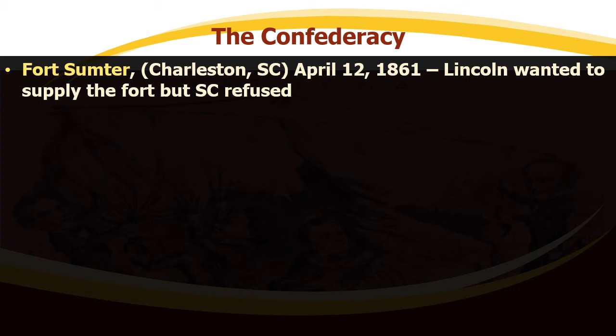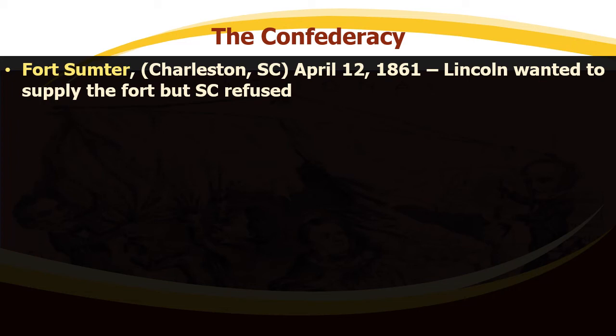So one of those forts was in Charleston, South Carolina, Fort Sumter. And Lincoln said that he was going to continue to resupply the fort, send it supplies, and that it was going to remain part of the United States. South Carolinians refused.